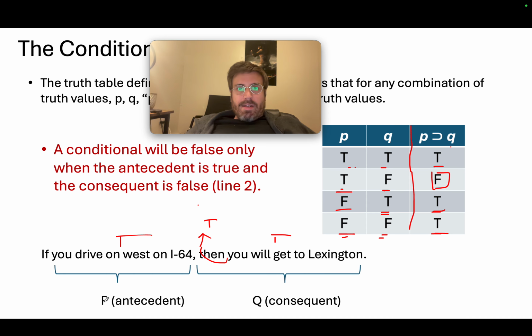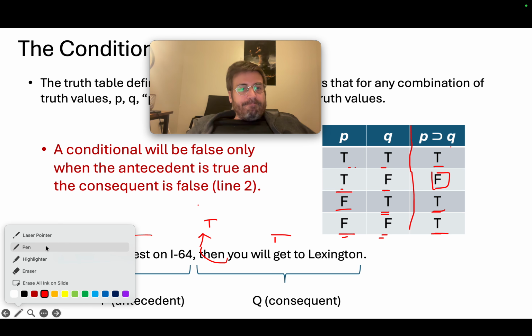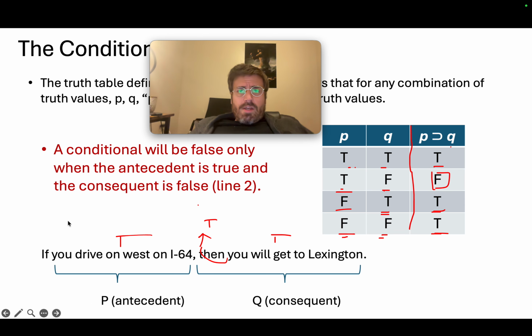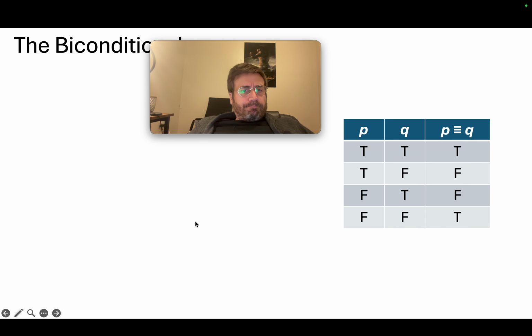So this whole statement has a true value. All right, so the conditional will take a little time to get used to, in terms of understanding that the only time a conditional doesn't work is when you have a true antecedent and a false consequent.